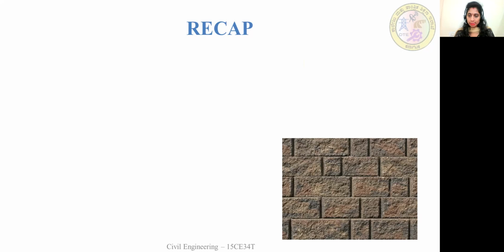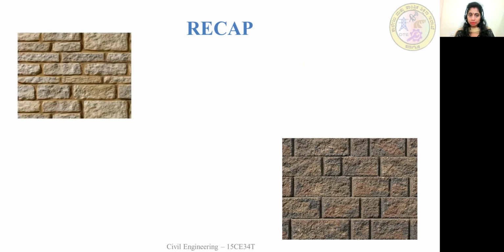The joints and beds are of equal size and courses are of equal height. And this one is roughly tooled, ashlar rough tooled masonry.